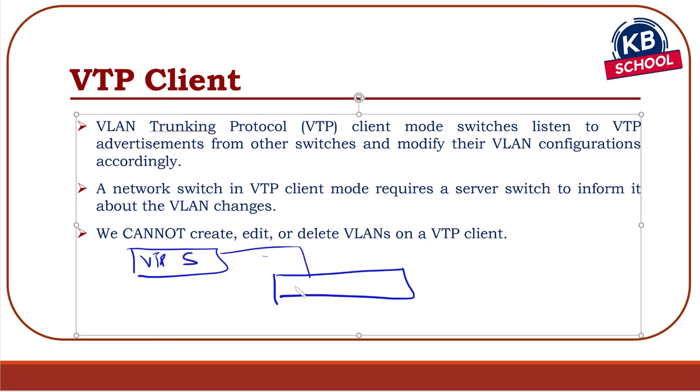I will not be able to create any VLANs over here, but at the same time, let's say these VLANs were created on the VTP server, they're propagated over here. I still need to go and assign the ports to the appropriate VLAN on that device. So it's not like I cannot do any configurations on that VTP client. It's just the VLAN portion I cannot do.